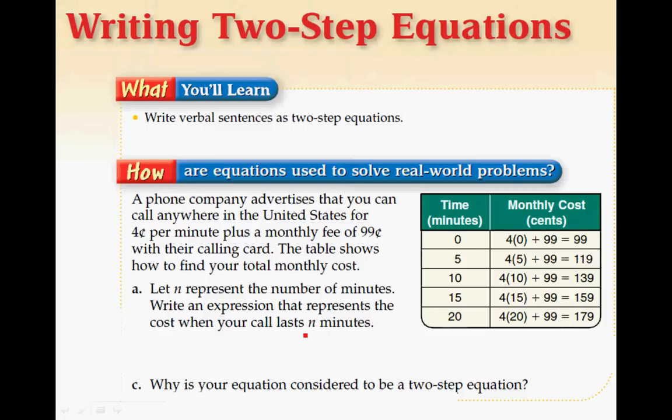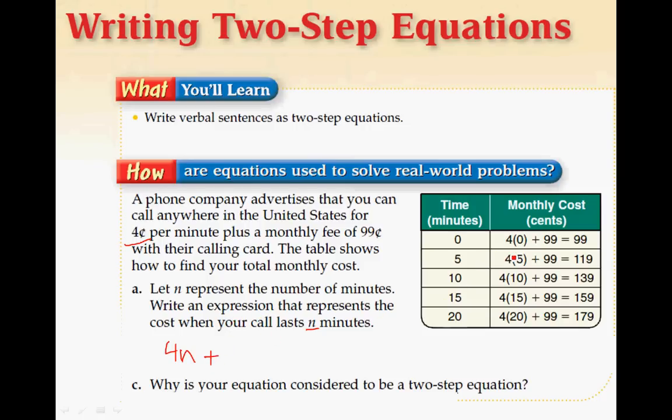So let's say we have n minutes. We know it's going to be 4 cents a minute, that's up here. So if it's 4 cents per minute, that means we are doing 4n. And then we're adding onto that 99 cents.